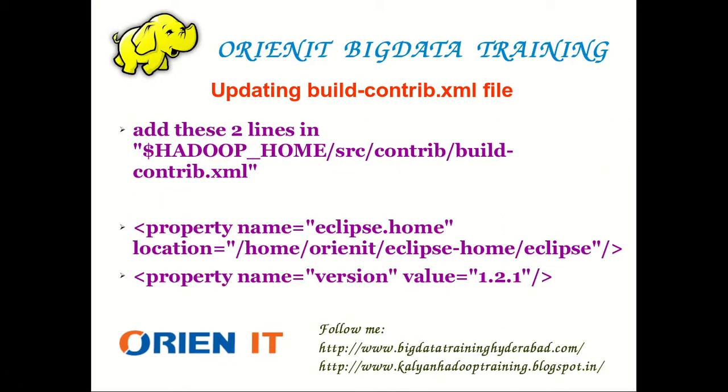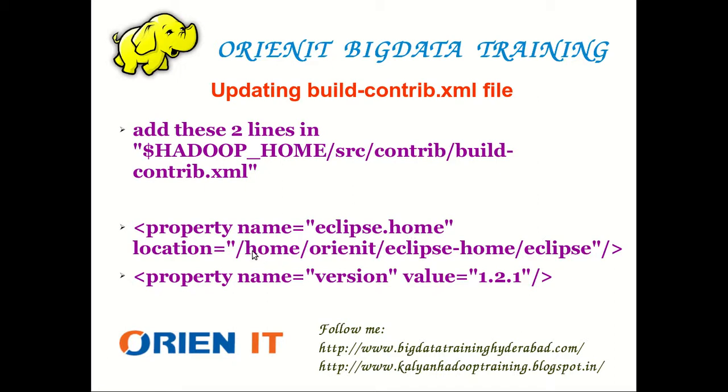After that, we need to add a few configurations in the build-contrib.xml in the Hadoop side. That file is inside your Hadoop home, src folder, contrib folder. The first property you have to add here is eclipse.home, where you configure your Eclipse location.